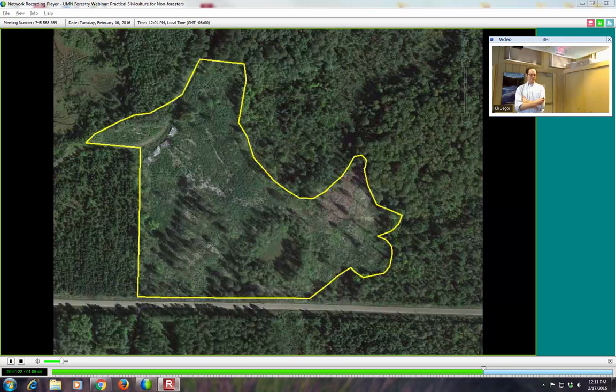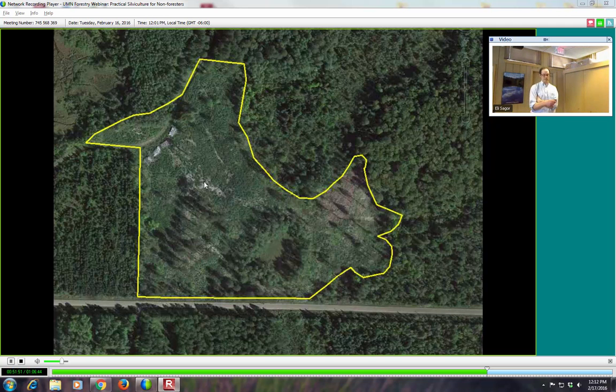This is a satellite image showing that same stand. It might be a little bit tough to see, but in the lower center part of the stand, we have a little wetland, a non-open water wetland, with a riparian management zone around it, a buffer of intact vegetation. These trees, if this shows up, the red pines that we saw earlier, are in a line kind of coming out here.